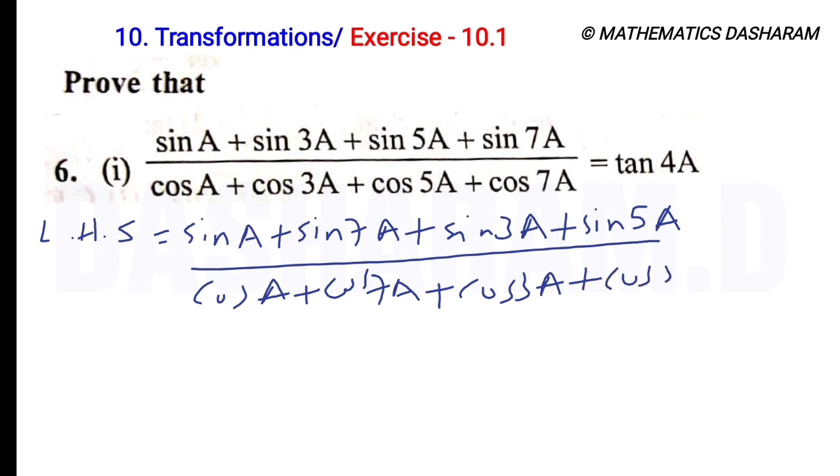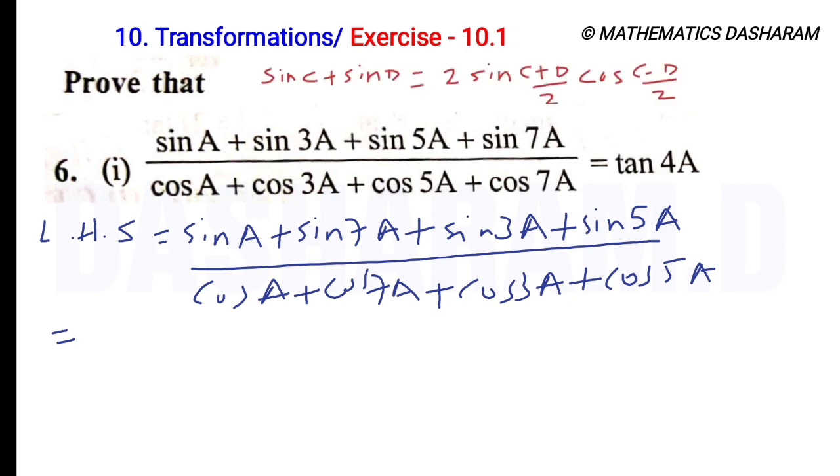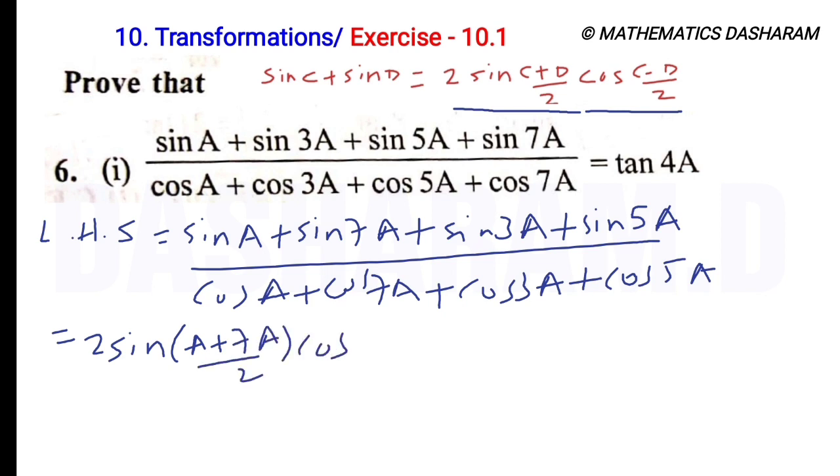next cos 3A plus cos 5A. So it is equal to sin A plus sin 7A, that means the sin C plus sin D formula: 2 sin((C plus D) by 2) into cos((C minus D) by 2). So 2 sin((A plus 7A) by 2) into cos((A minus 7A) by 2).